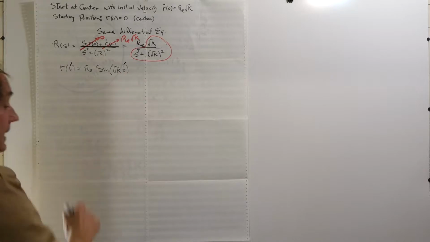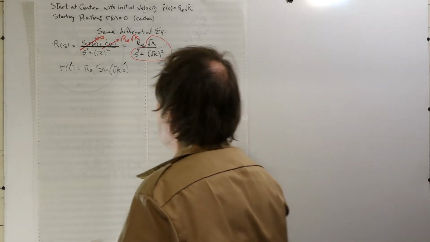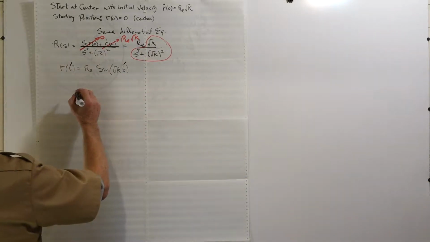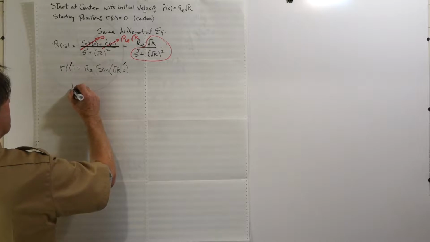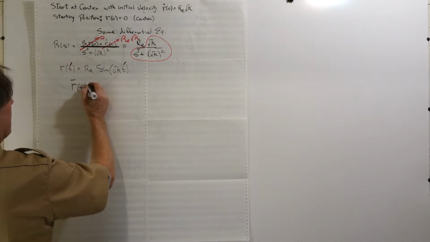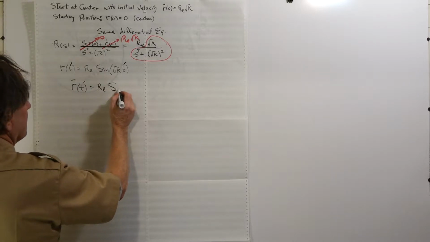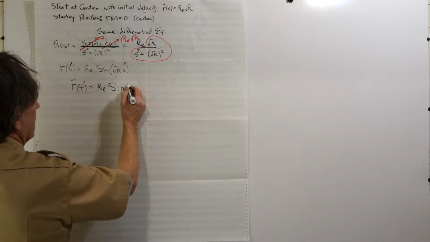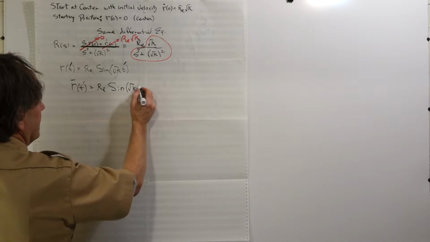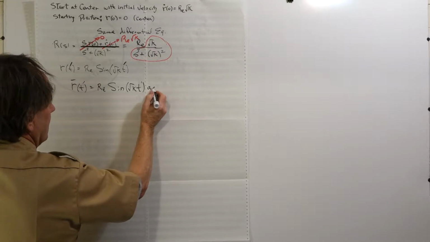So our new time is t primed. Now we can put this into our vector form. So this becomes R of t primed is the radius of the Earth times the sine of the square root of k t primed, with our unit vector a_R.